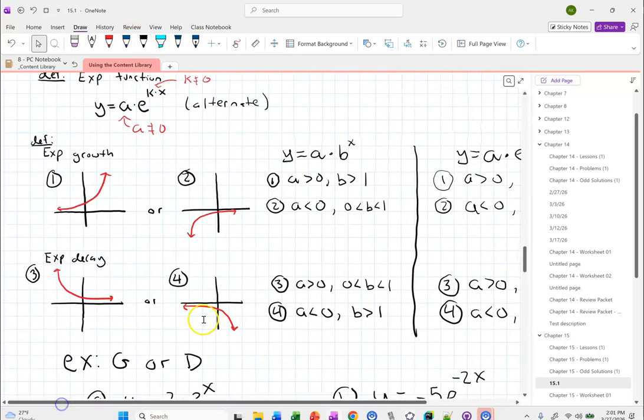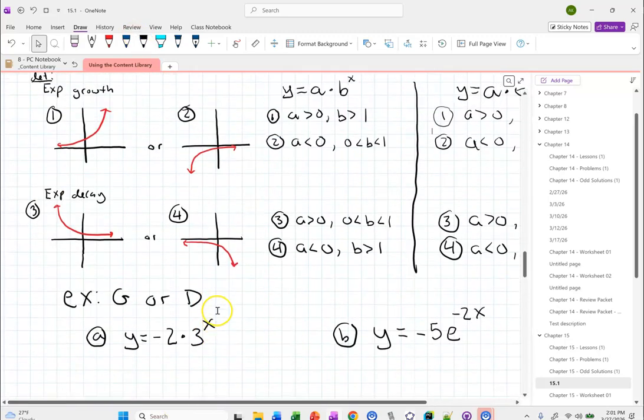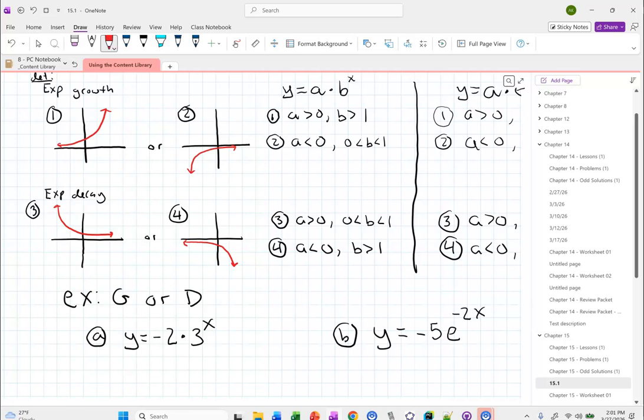So, as an example, if I ask you whether the function is growth or decay, you should be able to just look at the values for a and b, or a and k respectively, and be able to pick out which situation we're in.